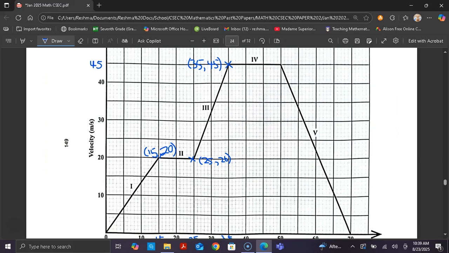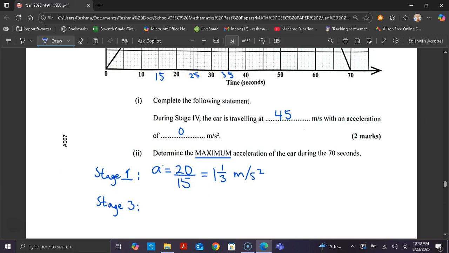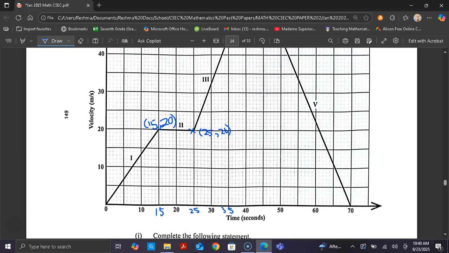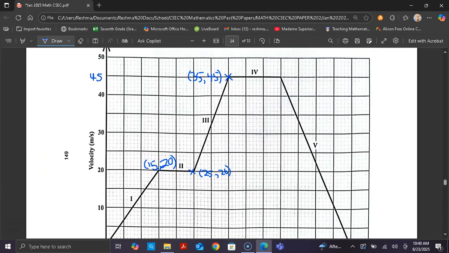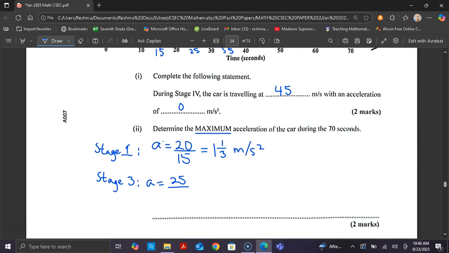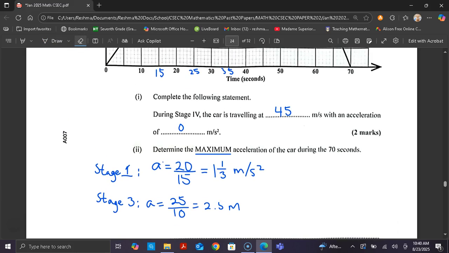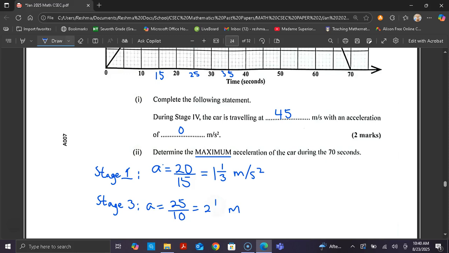So let's look at the change in velocity. The velocity went from 20 to 45, so that's a change of 25. And that change in velocity happened from 25 to 35 seconds, so that's 10 seconds. So 25 divided by 10 gives 2.5. Since we're using fractions, let's use fractions, so that's 2.5 meters per second squared.